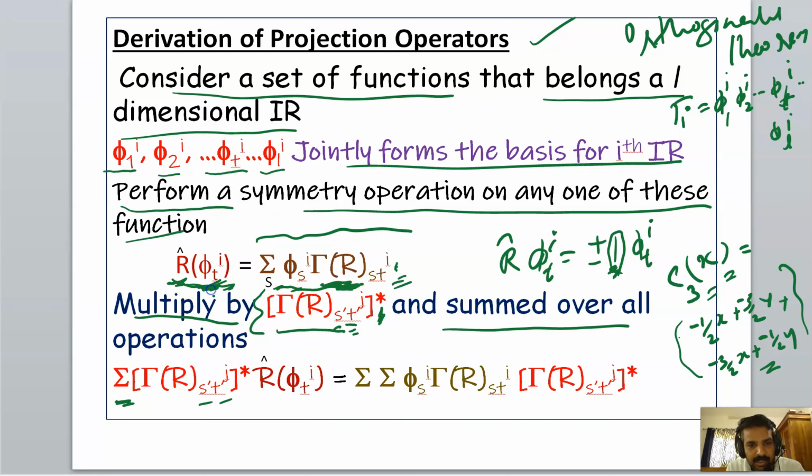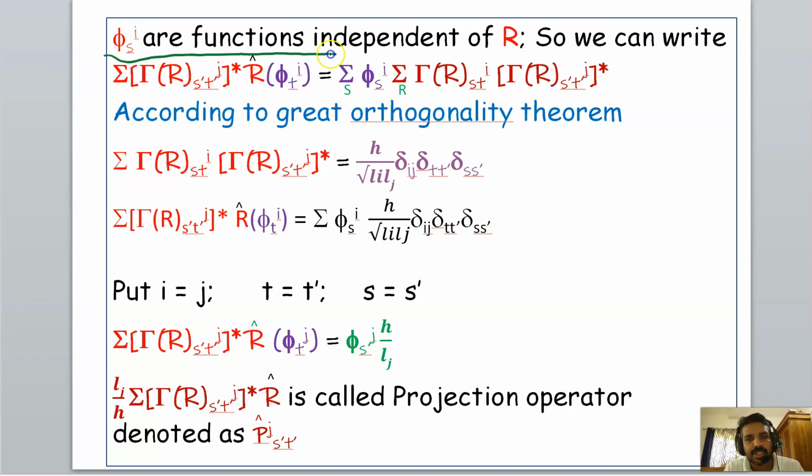Then this term is r cap phi t i. On the other side we get sigma r, and sigma s is already here, phi s i gamma r s t i, multiplied with gamma r s dash t dash j star. We know that phi s i is a function independent of r, so we can write it outside.